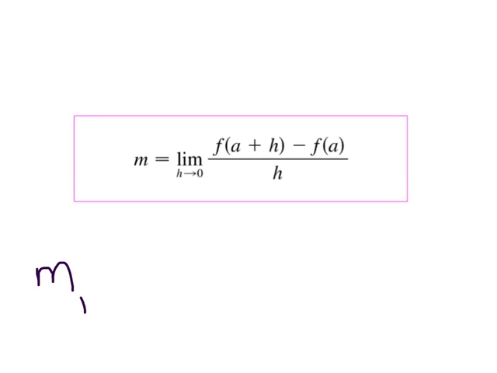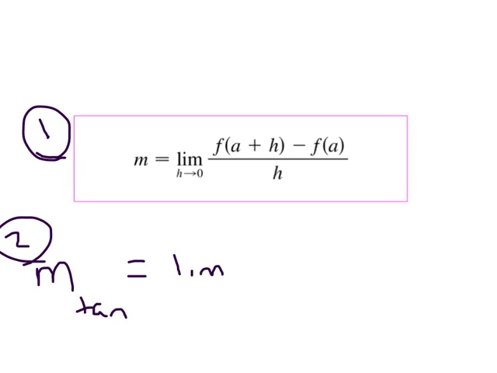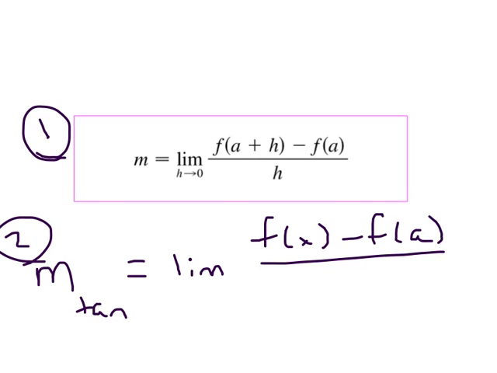So the slope of the tangent line with a different formula, and again, remembering that you could label the picture differently, this is one formula for the slope of the tangent line, and another formula for the slope of the tangent line is a limit, and I'll fill in what is approaching what in a second, but we have f of x minus f of a over x minus a.